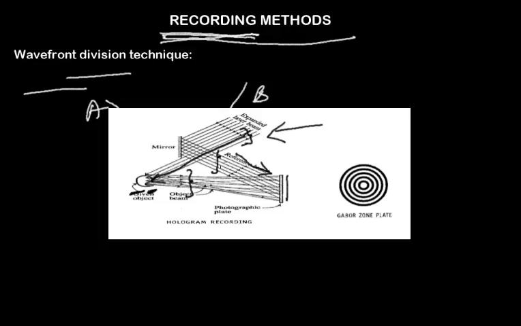So the beam with the plane wavefront is called the reference beam, and this other beam is the object beam.